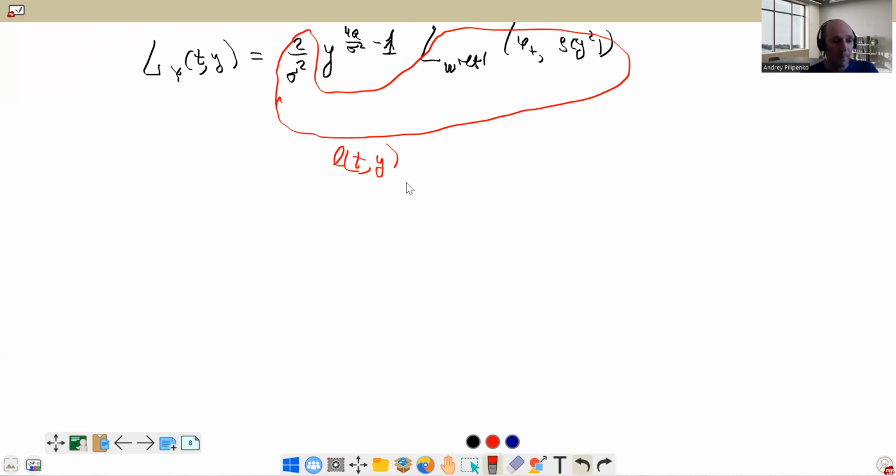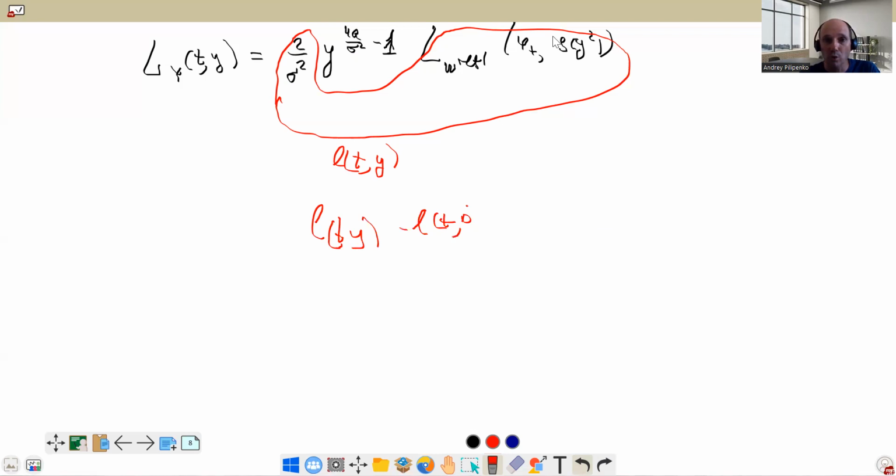Moreover, it can be seen that this function is such that L T y minus L T 0.